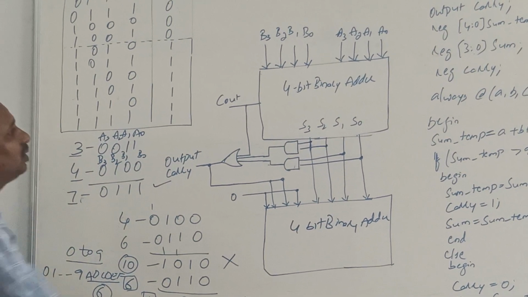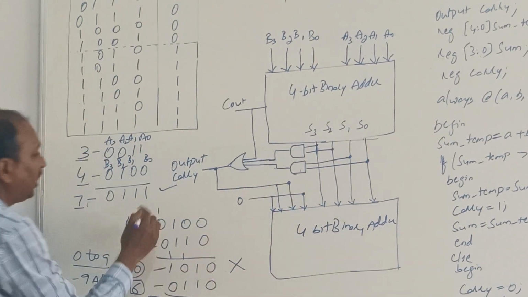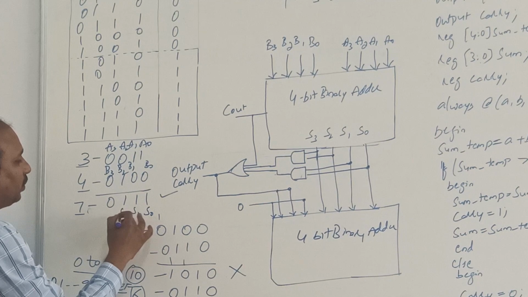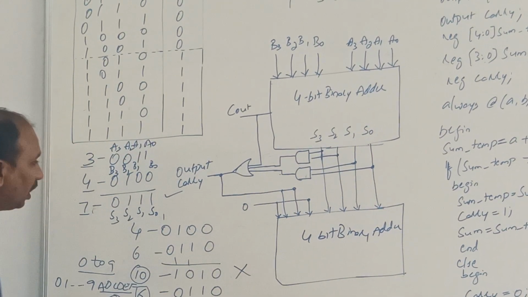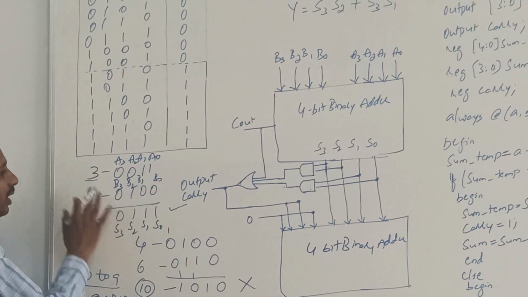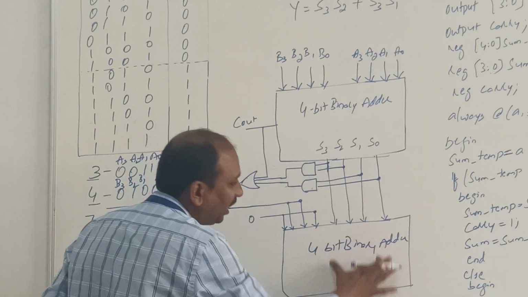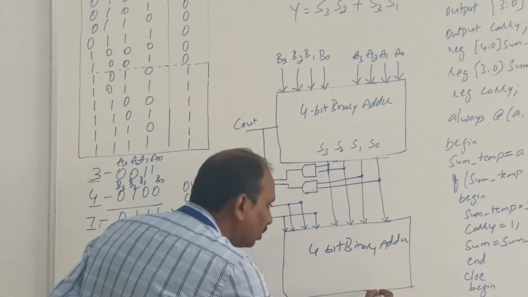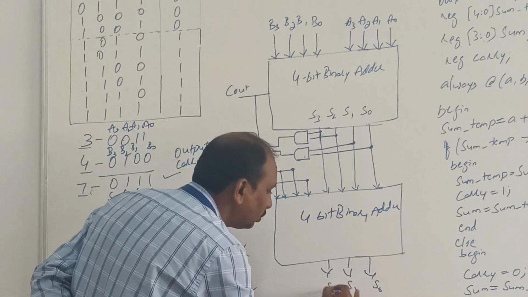These two four-bit numbers are added, and the result I am getting is S0, S1, S2, S3. When it is in the normal range, when it is a correct sum, there are no issues. The sum will be taken as it is. My output of the sum will be S0, S1, S2, S3.